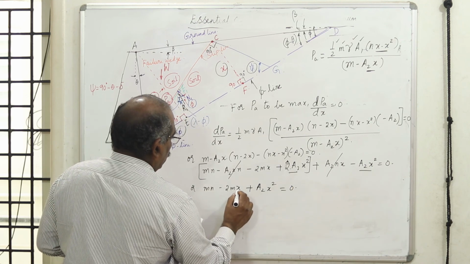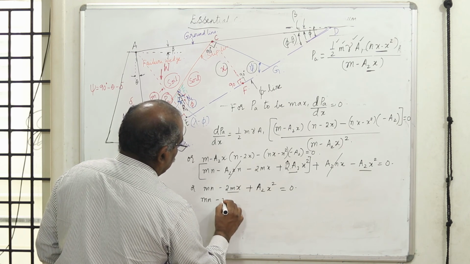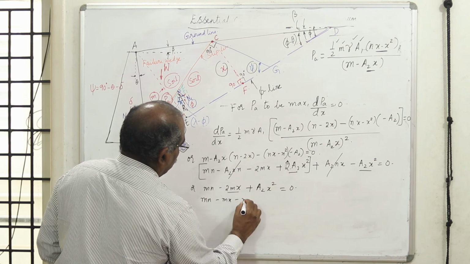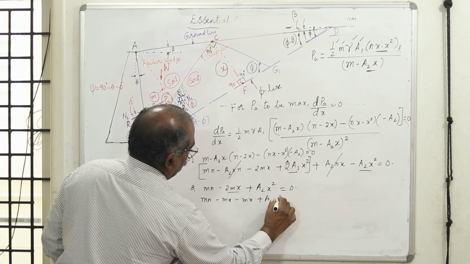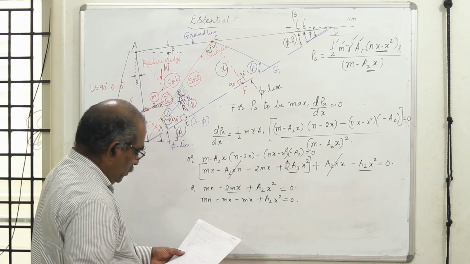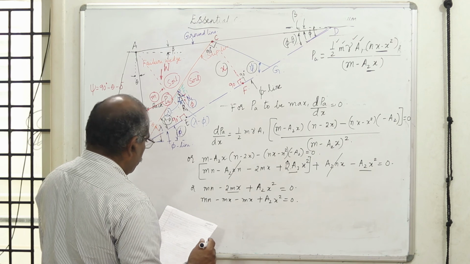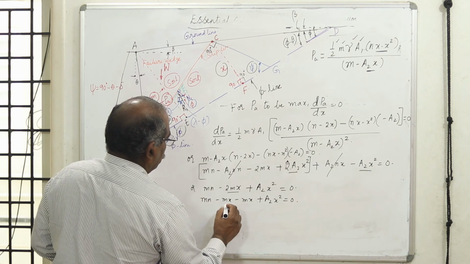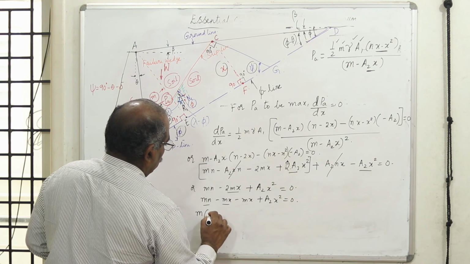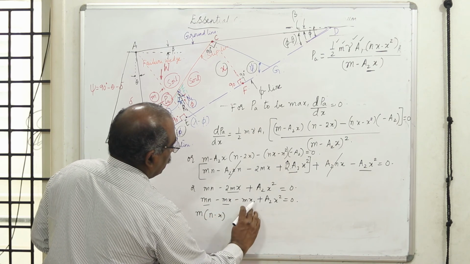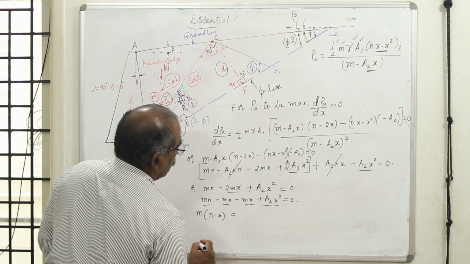Now I got 2mx. Let us write as mn minus mx plus A2x square equal to 0. Now what I will do is take common term here, m as a common term, (n minus x). Let me take these two terms to the right hand side.